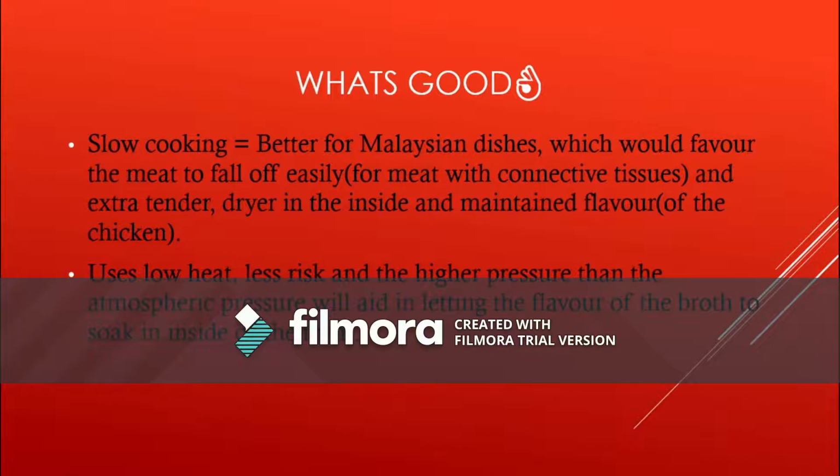And next, it uses low heat. What we know from low heat is it uses less energy and it has less risk of the food drying out, since the moisture will escape from the system slowly, and the higher pressure than the atmospheric pressure will aid in letting the flavor of the broth soak inside the meat.